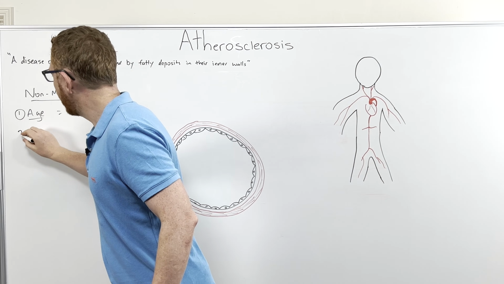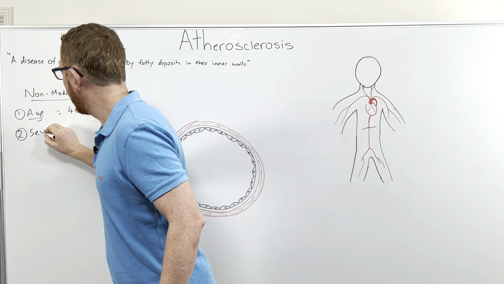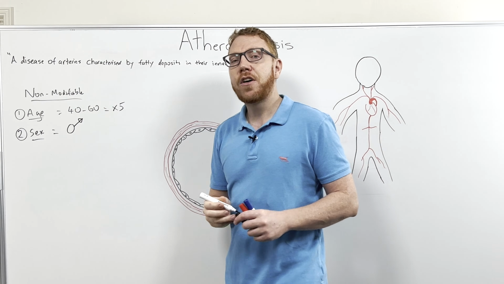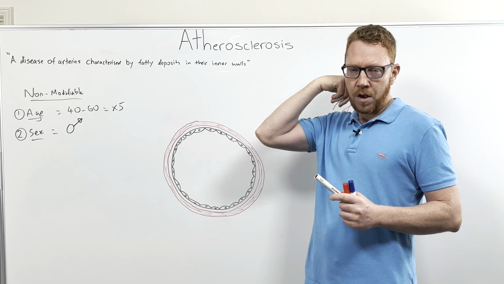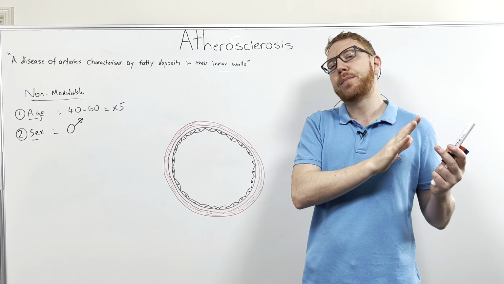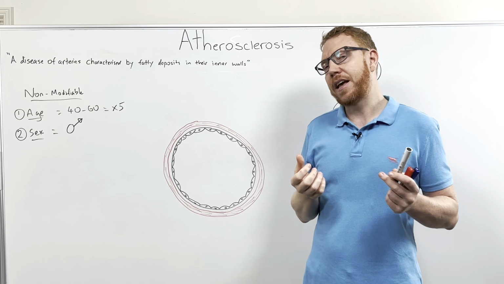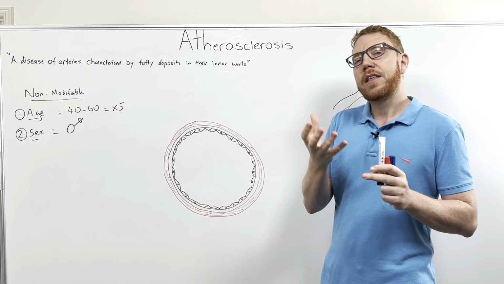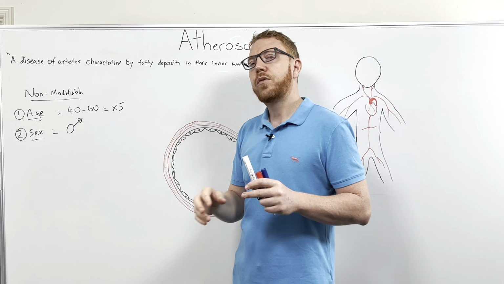Number 2 is biological sex. Basically, males are at the highest risk of atherosclerosis, whereas females, particularly premenopausal, are basically protected against it. Once females get to menopause and postmenopause, they will actually catch up to the male sex.